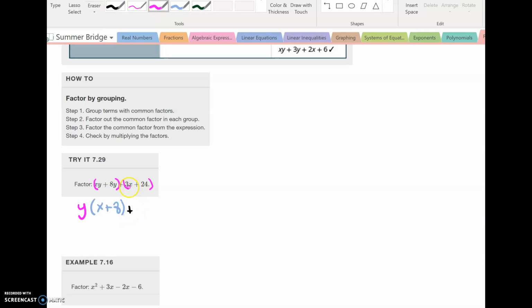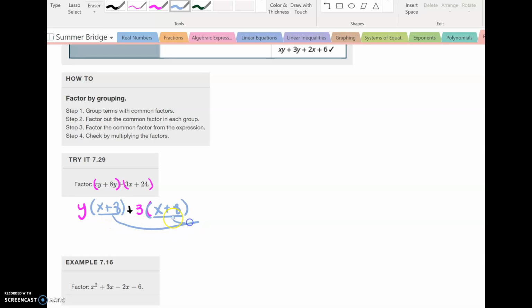And then I'm going to take a look at my second set of parentheses and say, well, what's my GCF here? I have numbers in both terms and they're both multiples of 3. So I'm going to factor out a GCF of 3. And what I have left is x plus 8. And again, oh my goodness, both of these are exactly the same.